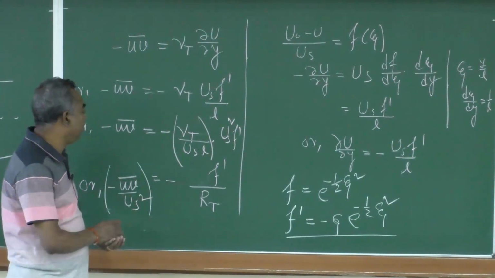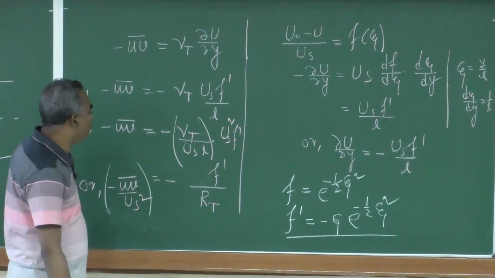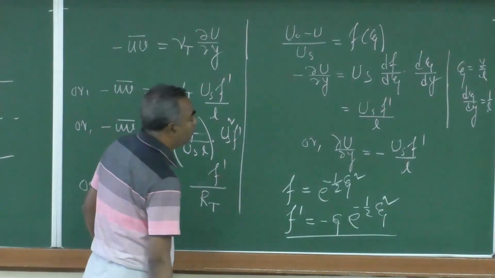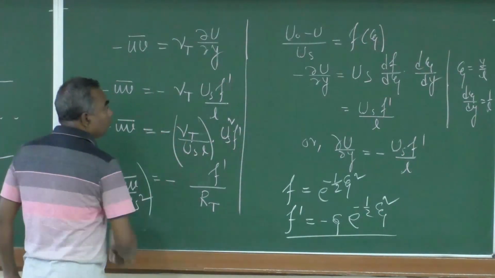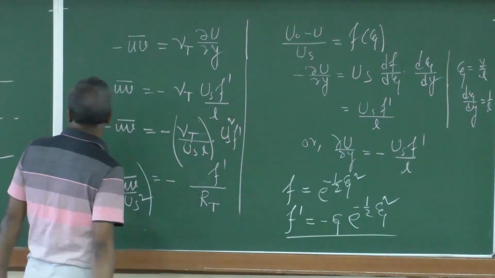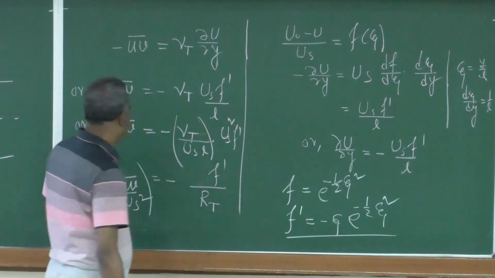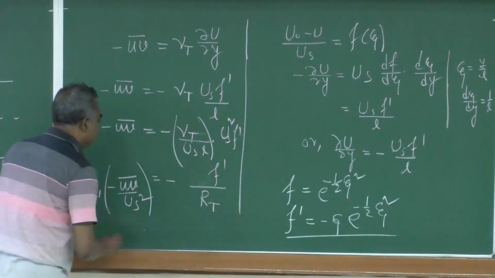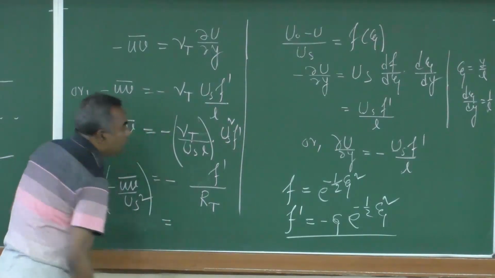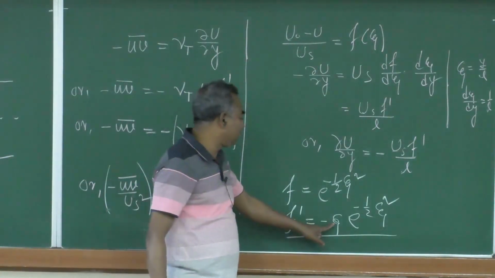Then if this is the case, what is the value of this quantity? That is what we have to find out. F prime is this, so let us see the maximum value at xi equal to 1.